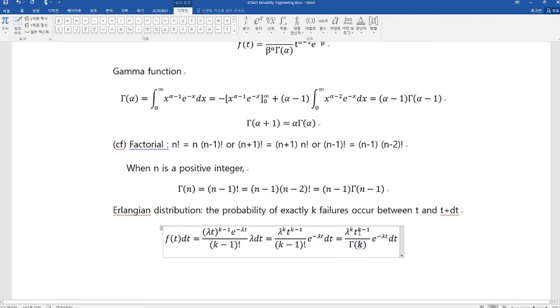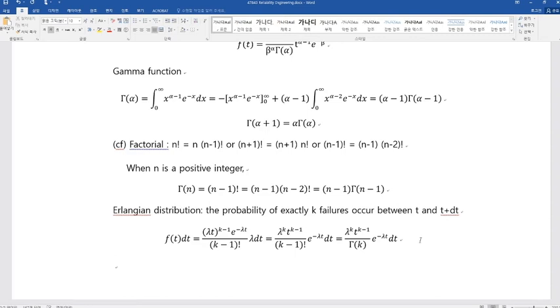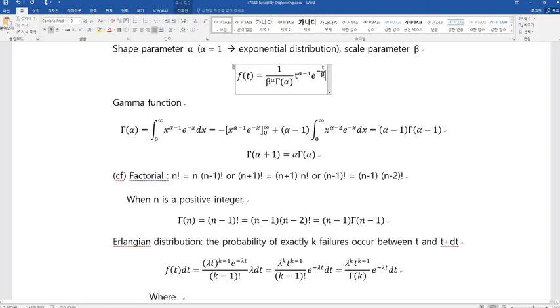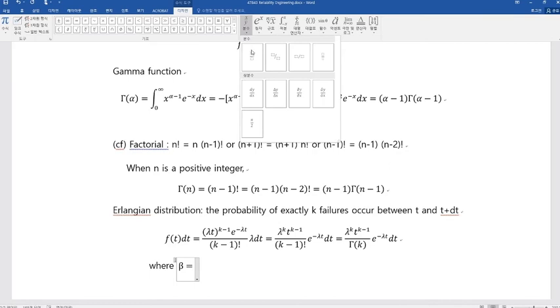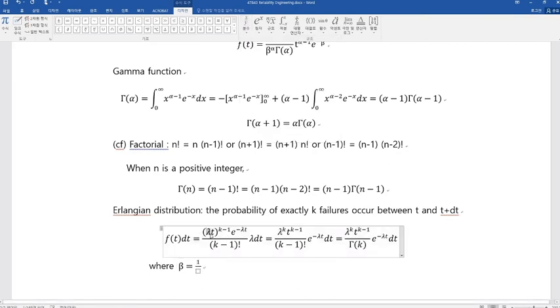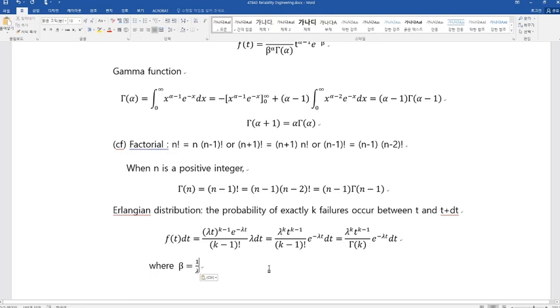And we are going to define beta. Beta is defined as 1 over lambda.